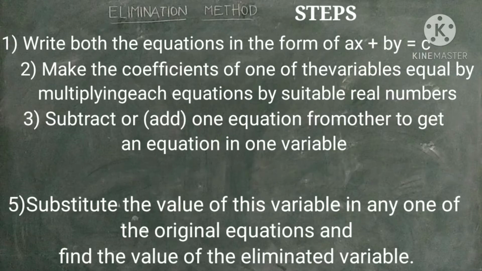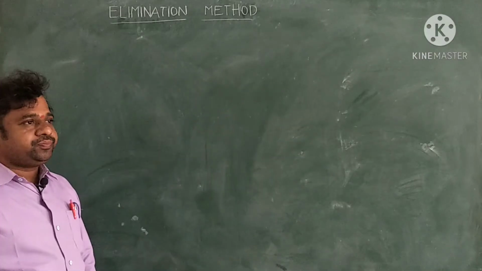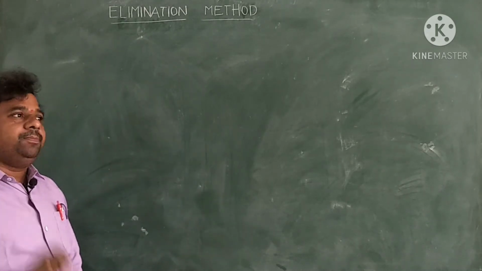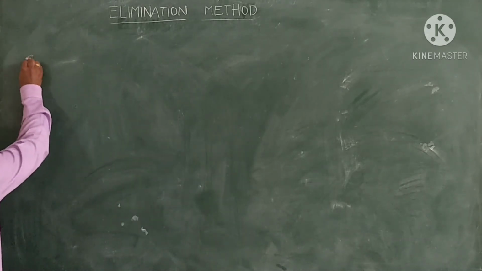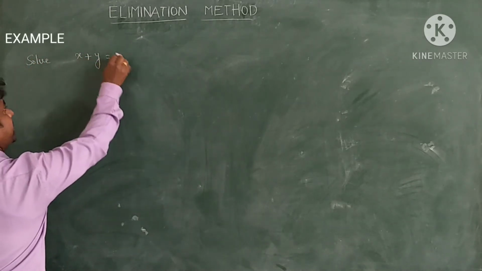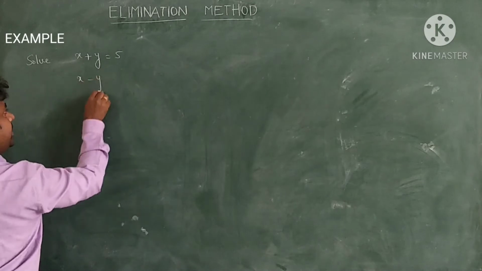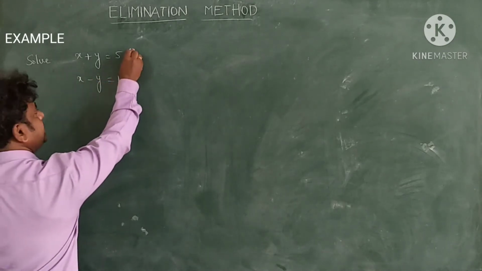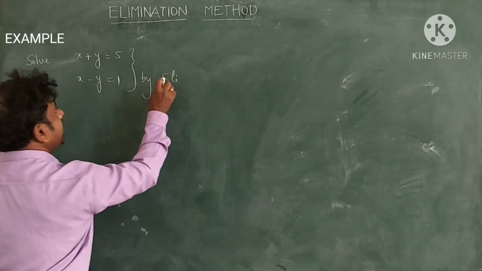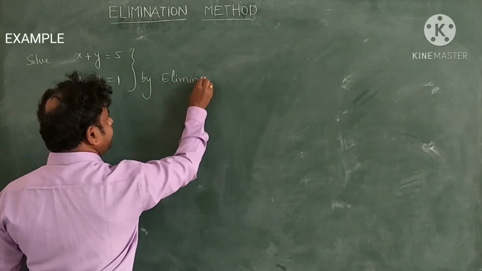Now we can move to an example. Solve x plus y is equal to 5, x minus y is equal to 1 by elimination method.